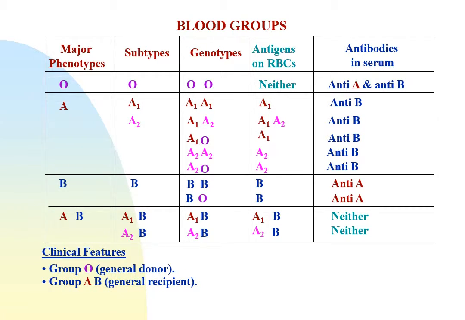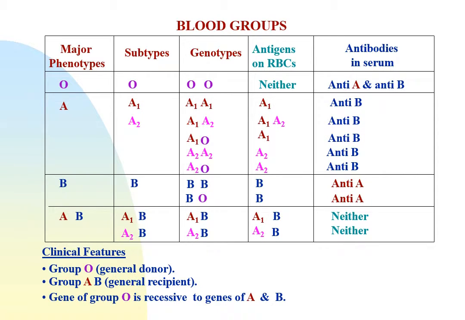The reverse occurs in group AB, which is a universal or a general recipient because it contains no antibodies in its serum, but only antigen A and B on RBCs, so it can give blood to itself only.